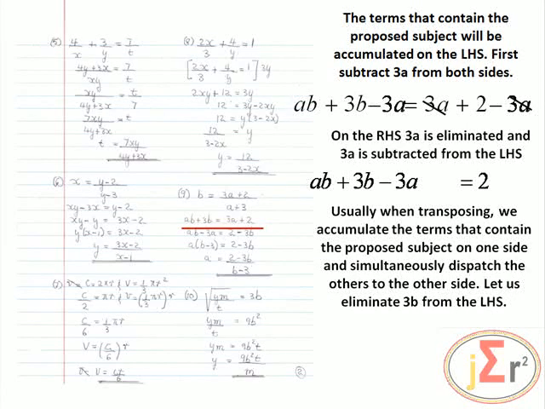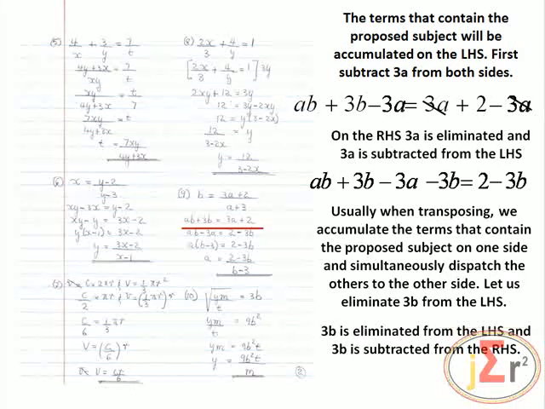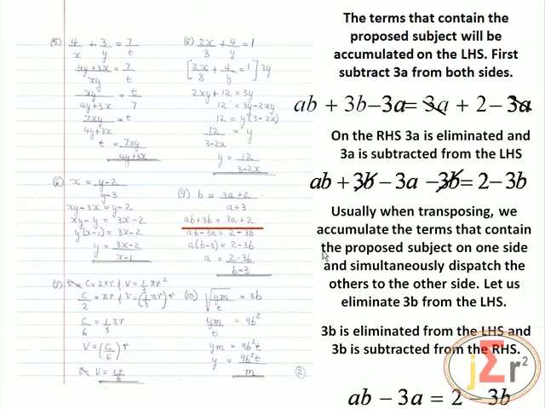Usually when transposing, we accumulate the terms that contain the proposed subject on one side and simultaneously dispatch the others to the other side. So let us eliminate 3b from the left hand side. There we have it. 3b is eliminated from that left hand side. 3b is subtracted from the right hand side. So we will have ab minus 3a as we have here, and 2 minus 3b. Nice.